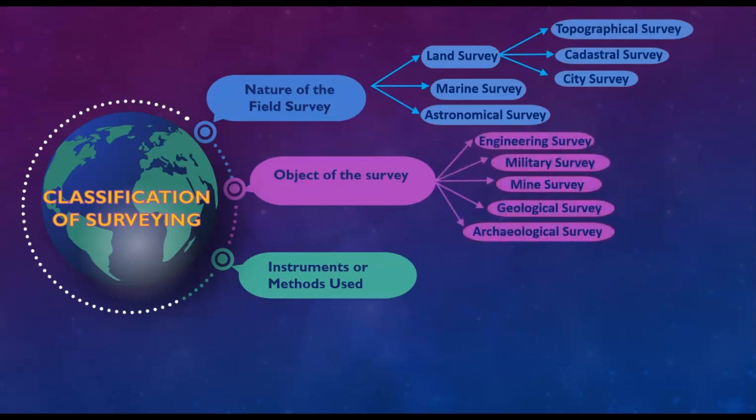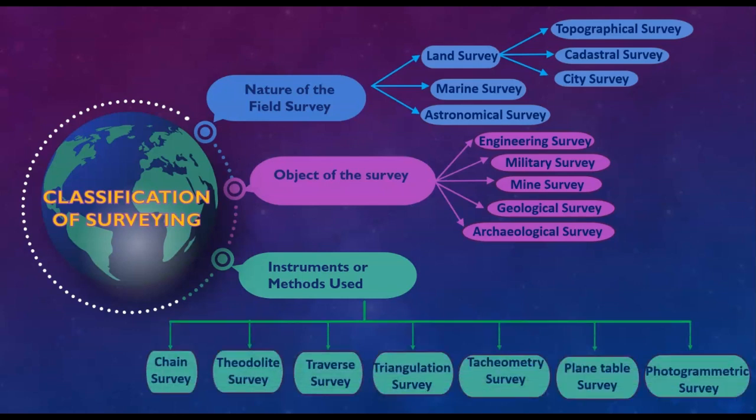Now the object of the survey is further classified into engineering, military, mine, geological, and archaeological. And based on instruments or methods used, surveying is classified into chain, theodolite, traverse, triangulation, tachymetry, plane table, and photogrammetric surveys. Let's look into each of these surveys.